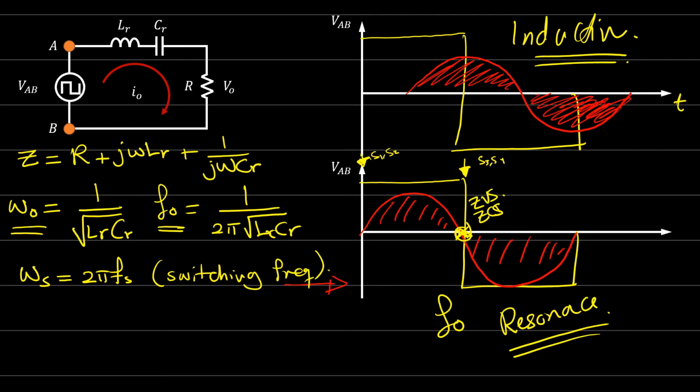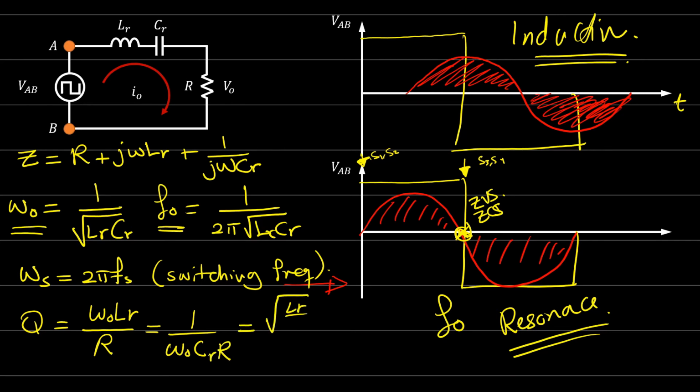Now, when we talk about the quality factor here, Q is equal to how much? Omega naught LR over R. And remember, this is for the series resonant circuit. And this is 1 over omega naught CR times R, which is square root of LR over CR, over R. And this is what? The characteristic impedance over R, the equivalent resistive impedance over the resistance.